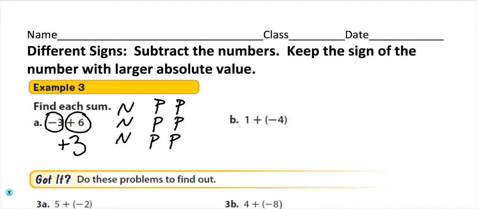My guy takes one of your guys. My guy takes another of your guys. My guy takes another of your guys. How many people are left? There's 3. And whose team are they on? They're on your team. That's +3. Okay, that's the best way I can show you to model this. If you need to draw N's and P's, draw N's and P's.